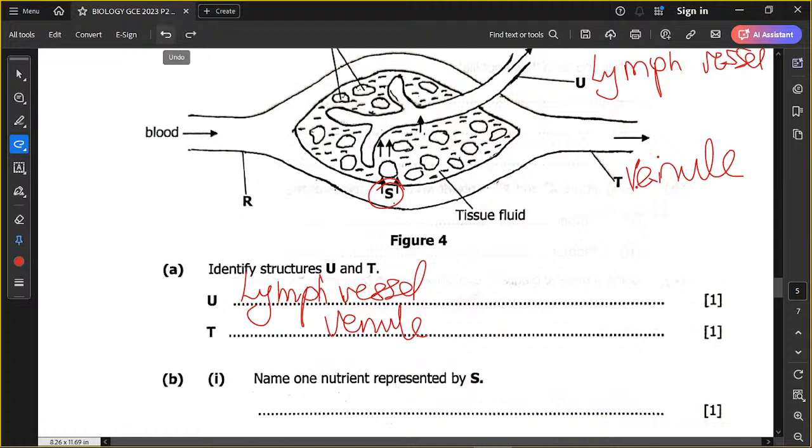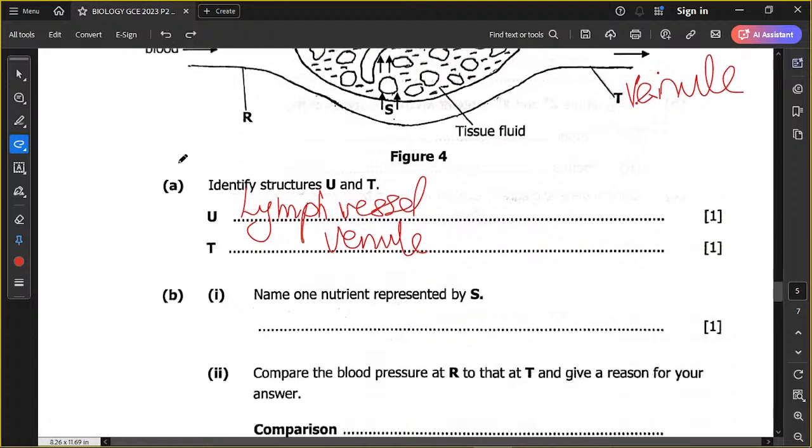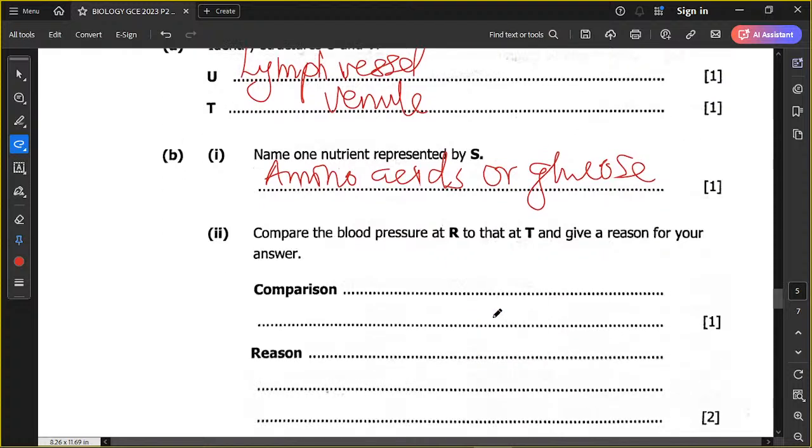So the nutrients present at S are amino acids, or glucose. Remember, it's 1 mark, so one answer between the two will earn you a mark, whichever you pick.